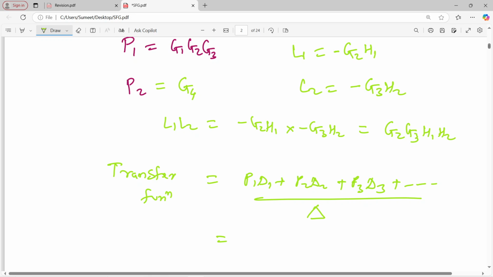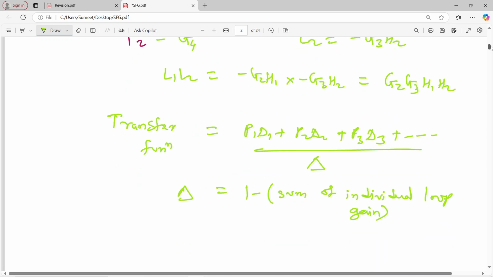So what is delta? Delta is basically 1 minus the sum of individual loop gains, plus the sum of products of two non-touching loops.